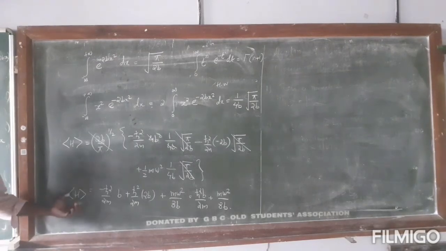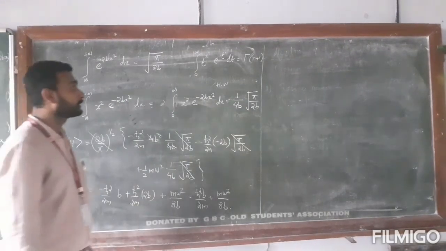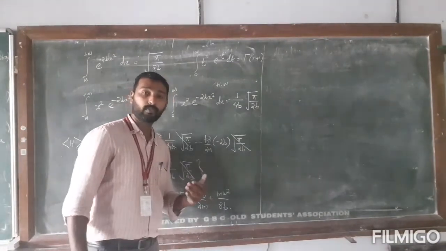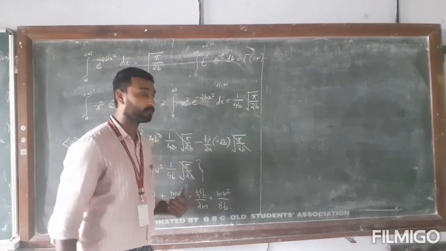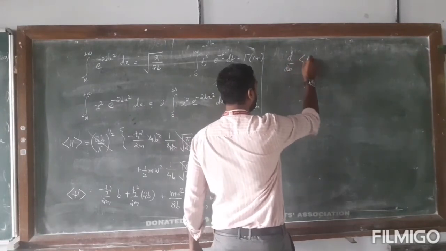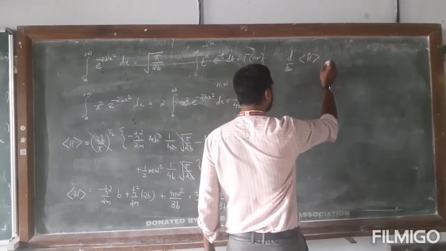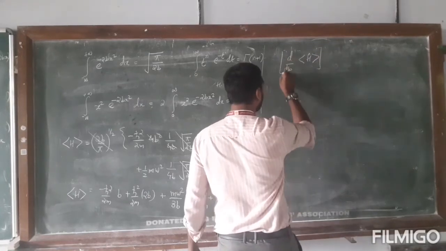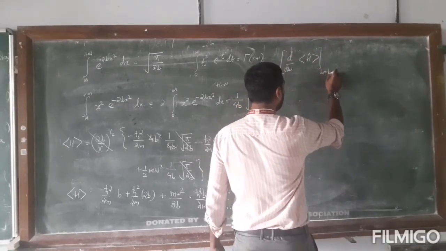Now we have to minimize this expectation value. How will you minimize it? I will find the derivative of the Hamiltonian with respect to the parameter. We will set d/db of the Hamiltonian to 0 at b equal to b0.